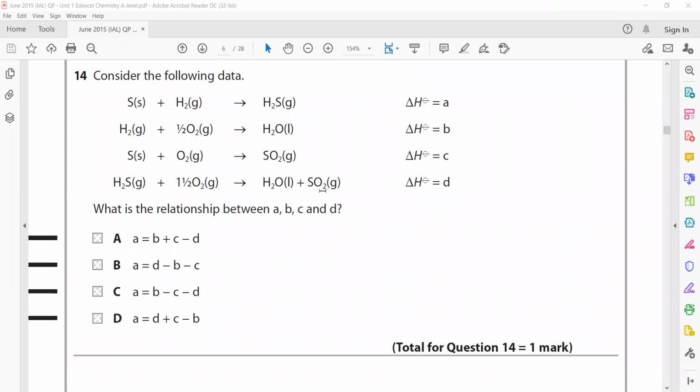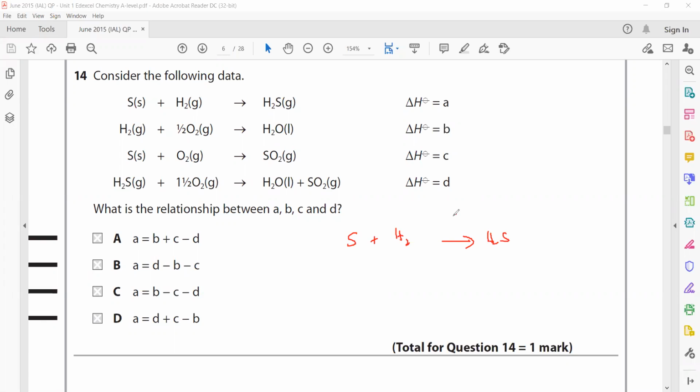Consider the following data. What is the relation between A, B, C and D? First we have to construct a Born-Haber cycle to relate this. So S plus H2 gives H2S.